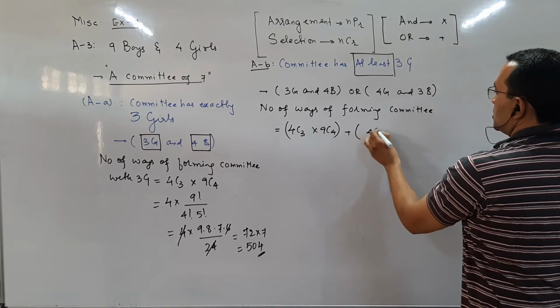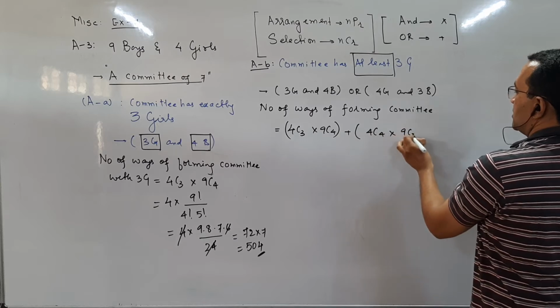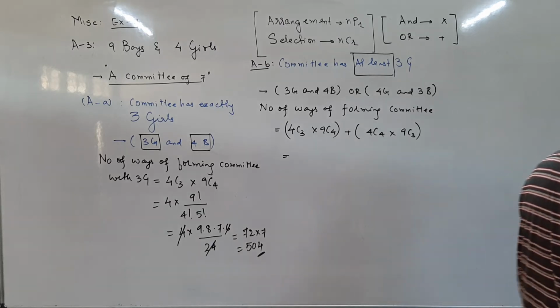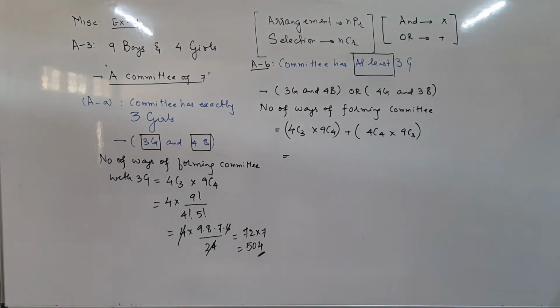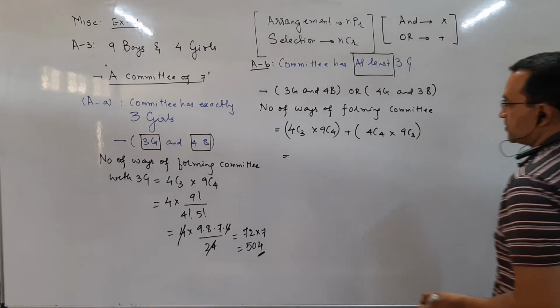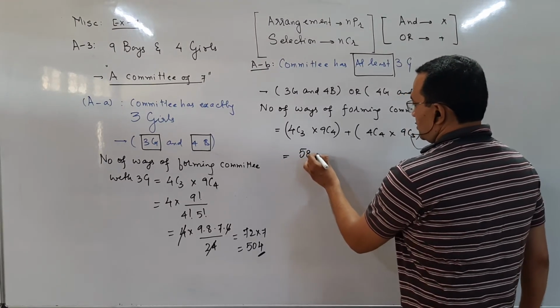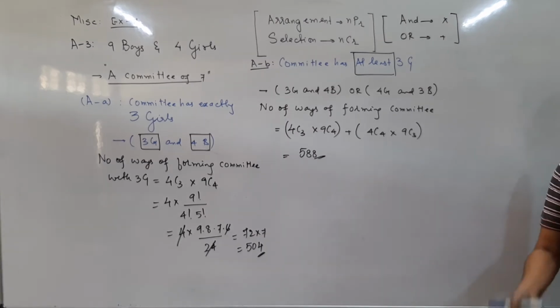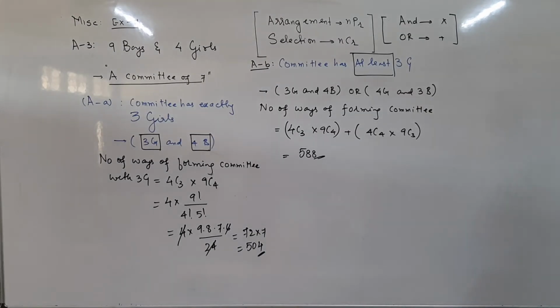So here 4C4, all 4 girls, and 9C3. Now simplification I am leaving for you, students, you have to complete. The answer comes out to be 588. Now that much I can expect from you students at this level, that you know how to simplify 9C4, which is 9 factorial upon 4 factorial into 5 factorial, and you know to simplify 9C3, which is 9 factorial upon 3 factorial into 6 factorial. 4C3 is 4 and 4C4 is 1.